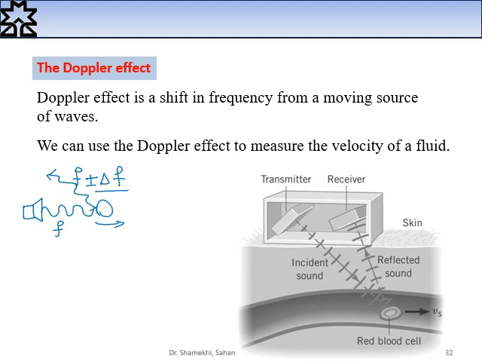And we can use this Doppler effect to measure the velocity of a fluid. As you can see, we have a transmitter and a receiver sensor inside our sensor box. We have an incident sound.